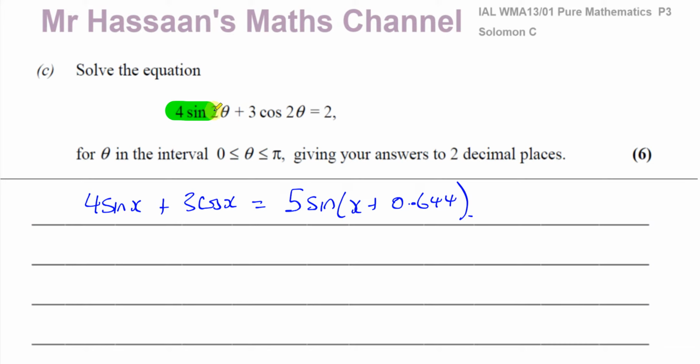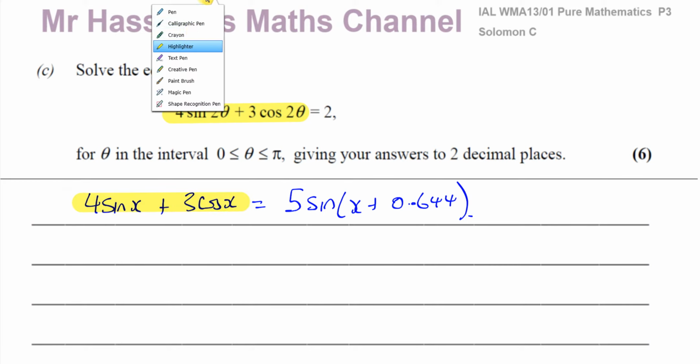So we can see that this is 4 sine 2 theta plus 3 cosine 2 theta, and this is 4 sine of an x plus 3 cosine of an x. So these basically have the same kind of pattern. All right. So if 4 sine x plus 3 cosine x is 5 sine x plus 0.644, then 4 sine 2 theta plus 3 cosine 2 theta will give us 5 times sine 2 theta plus 0.644, because they're the same pattern.